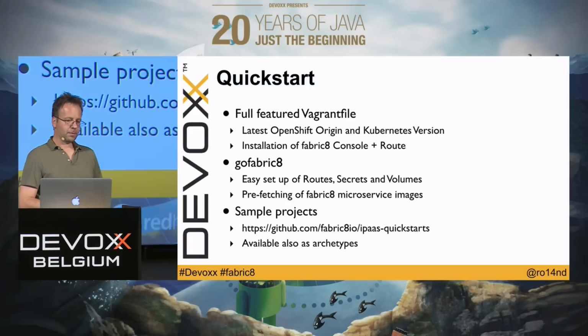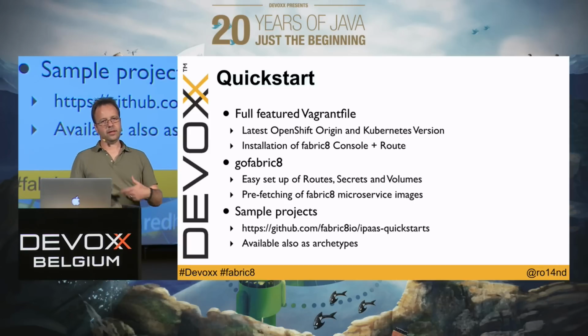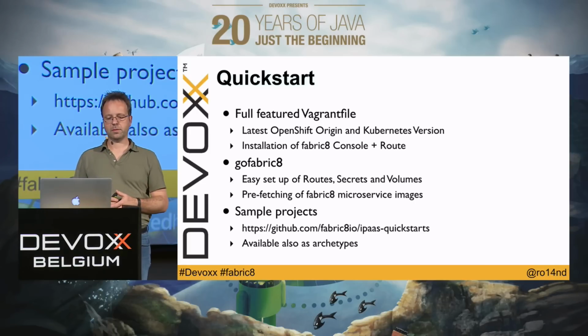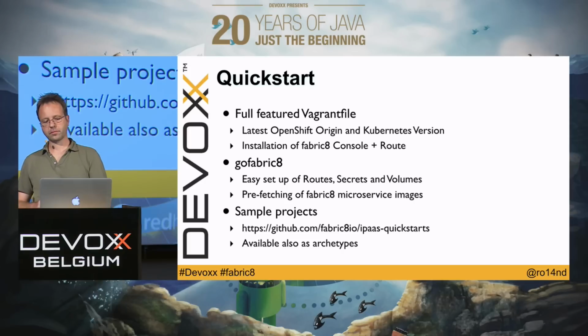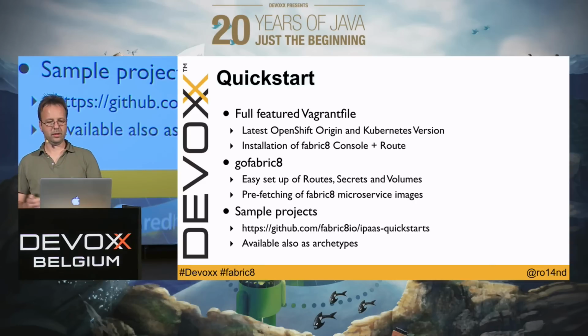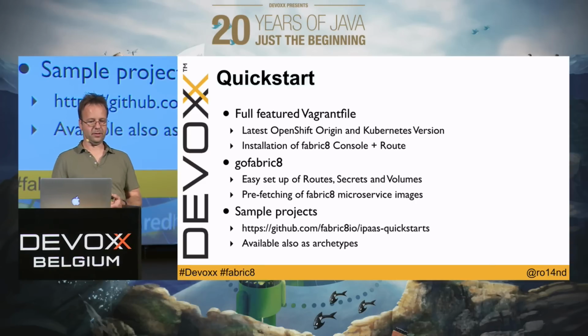And then, last but not least, there's a whole set, let's say 10 to 20, of quickstart projects, which you can use as a starting point for your own applications, which you want to deploy on Kubernetes or OpenShift. These sample projects are also available as Maven archetypes, so to say.